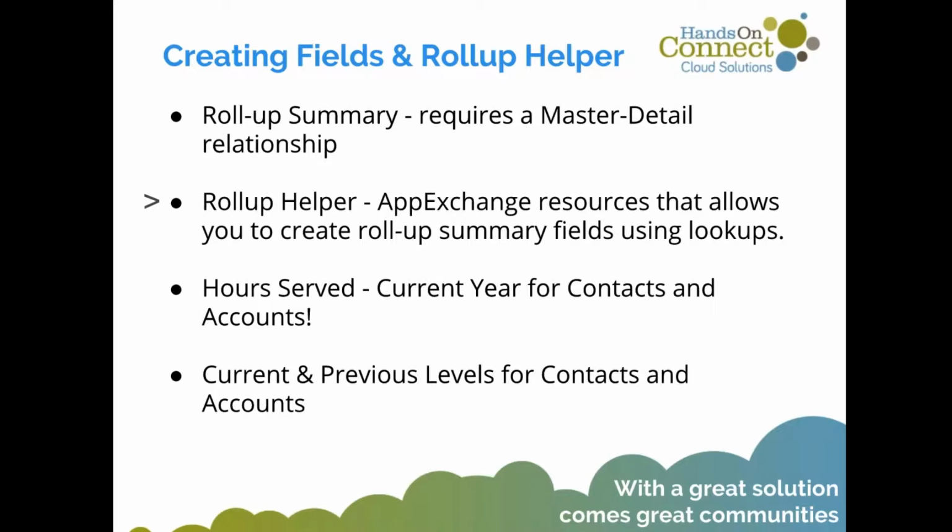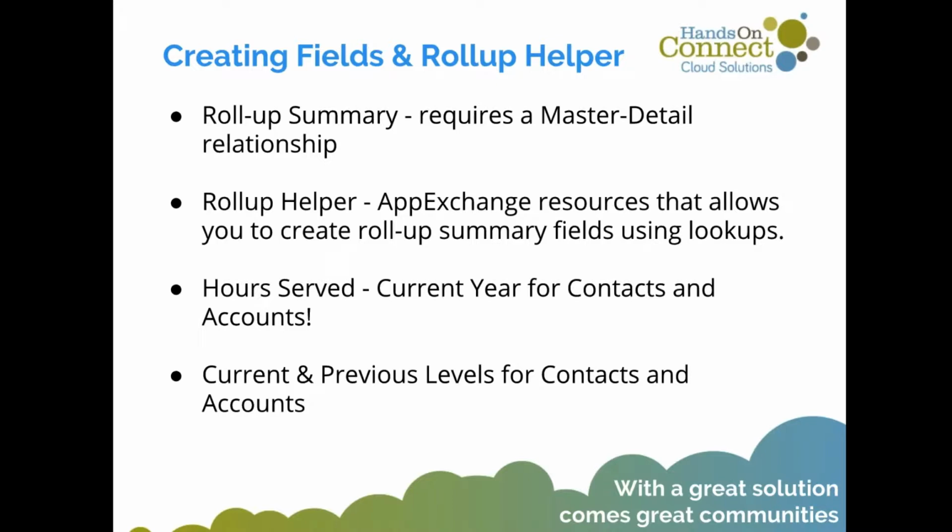If you need more than that, they have a paid subscription, and for nonprofits it is discounted 30%, so it's $1,218 a year, but that provides unlimited access to Rollup Helper. You can definitely evaluate it with a free trial and see if there are other ways you could use it for your organization. If you have any questions about Rollup Helper, please don't hesitate to reach out, and we'll be happy to help make those connections and get those answers for you.